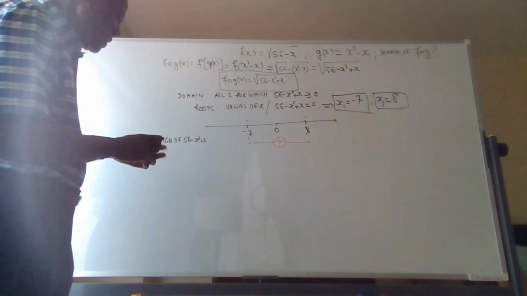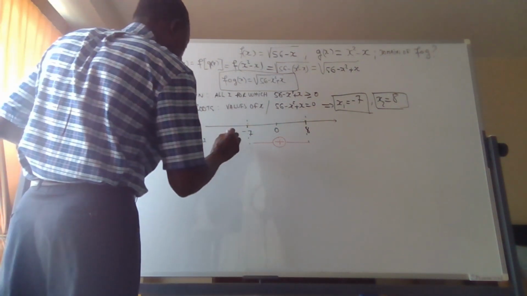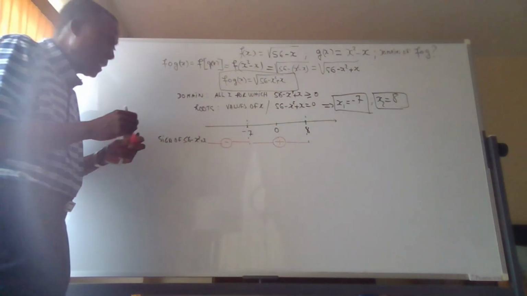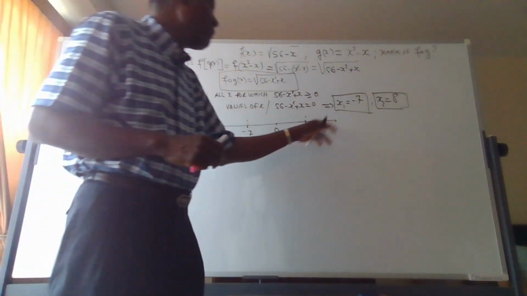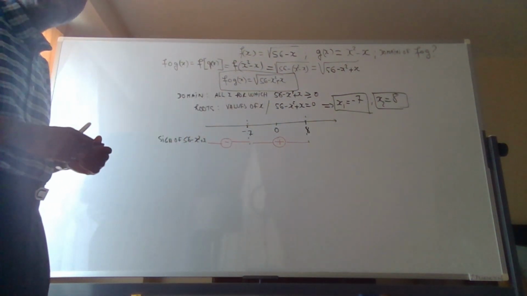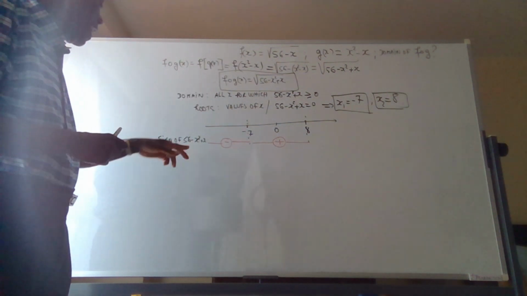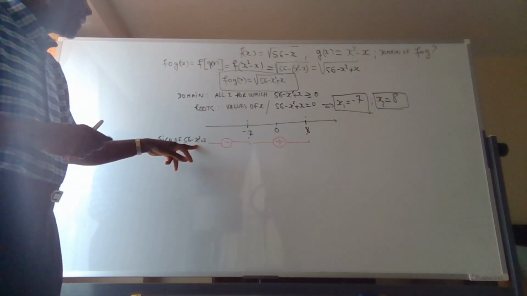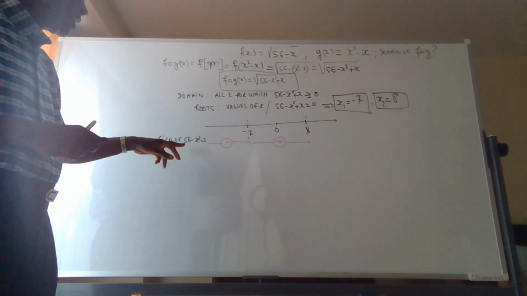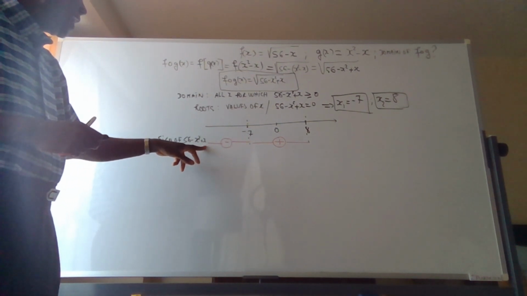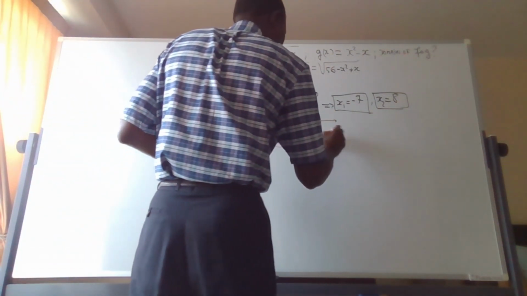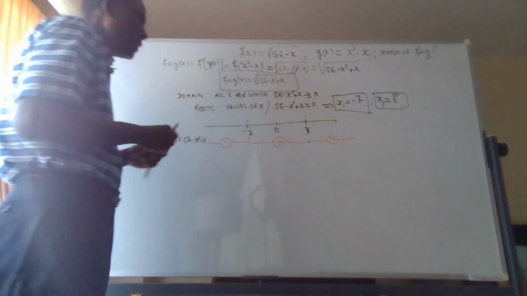So this is negative. Now to see the sign for all values greater than 8, all we have to do is take one value greater than 8 and plug it in. So we take x equal to 9. 9 squared is 81, so we're going to have minus 81 here, and then you have 56 plus 9 equals 65, so it's negative.